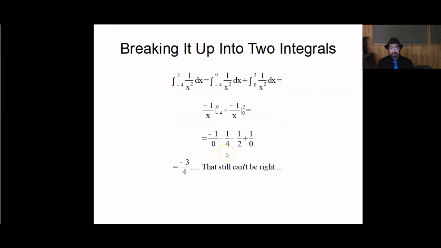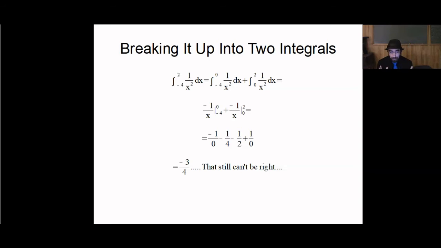So we have to break it into 2 integrals. We can't cross the line. The integral from -4 to 2 of 1 over x squared is the integral from -4 to 0 of 1 over x squared, plus the integral from 0 to 2 of 1 over x squared. So I have -1 over x from -4 to 0, plus -1 over x from 0 to 2.